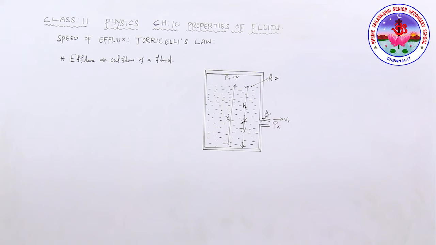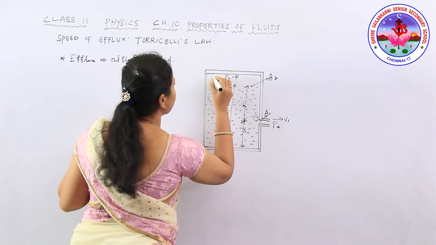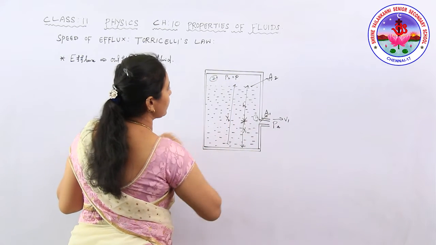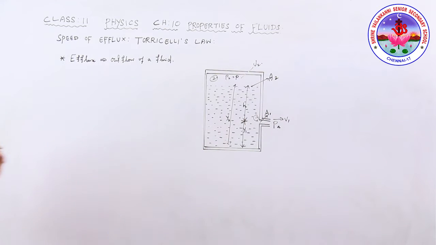So now we have taken the side wall of the tank, V1, V2 are the liquid velocities at point 1 and point 2. This is point 1 and this is point 2. Okay, these are the two velocities we have taken. So this is V2, velocity 2, right?